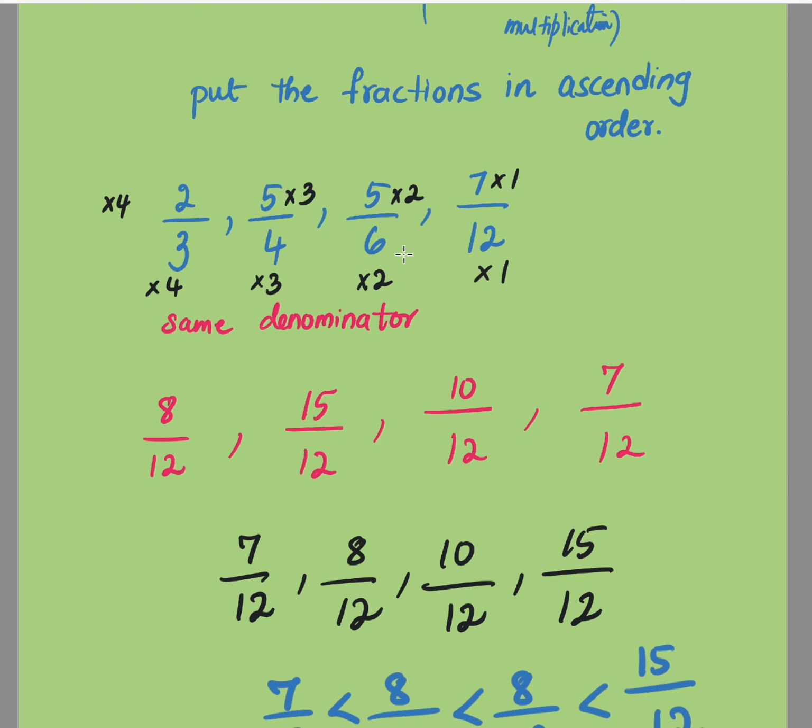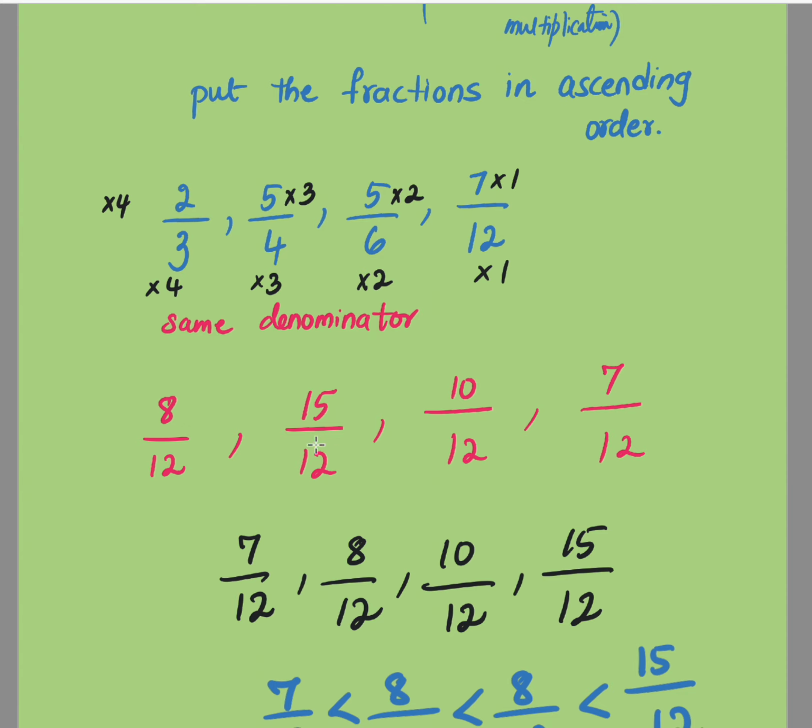And 3 times 4 is 12. So that means I have to multiply numerator and denominator by 4, making this 4 times 2, which is 8. Now you already have 4, so what should you multiply 4 by to make it 12? Yes, 3. 4 times 3 is 12.